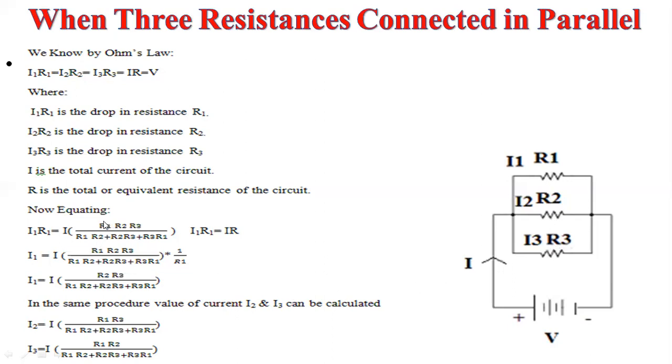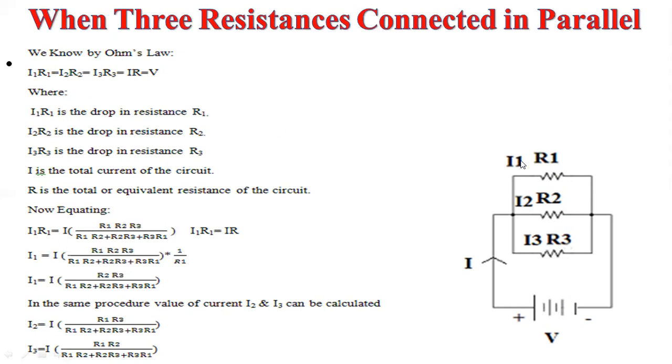The formula for equivalent resistance is R1 R2 R3 divided by R1 R2 plus R2 R3 plus R3 R1. This is the formula for equivalent resistance when more than two resistances are connected in parallel. By Ohm's law, we equate I1 R1, I2 R2, I3 R3 is equal to IR.